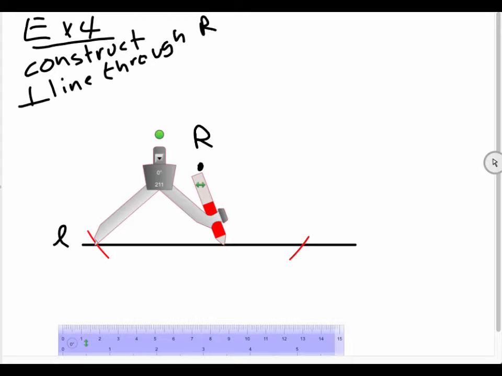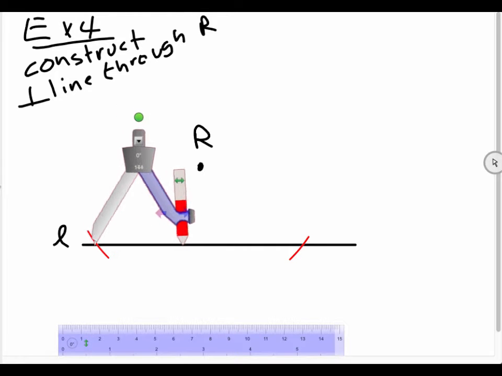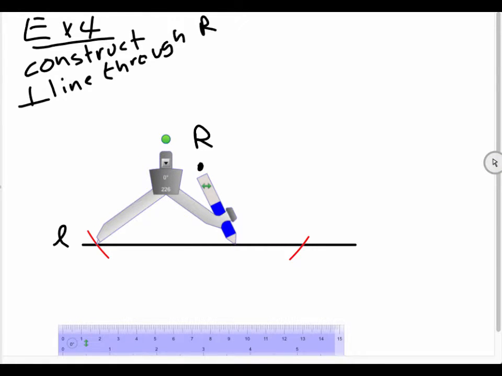I want to make sure that my compass is far enough away from R. In other words, if I go to make an arc here, that won't help me at all. I got to make sure that this comes far enough over that I'm going through R. So I'm going to go about that far.